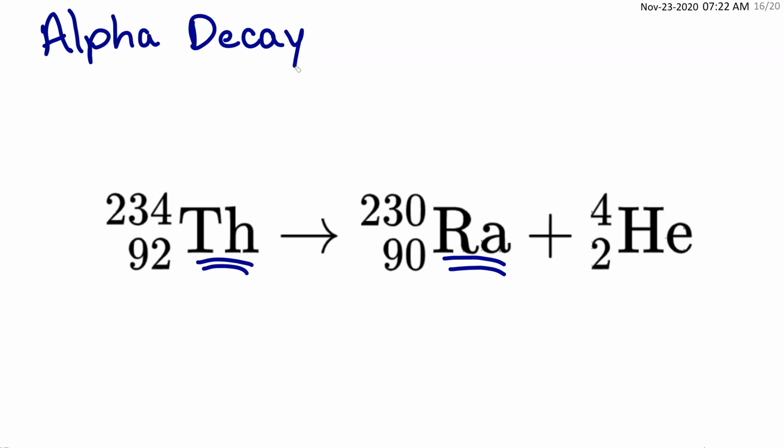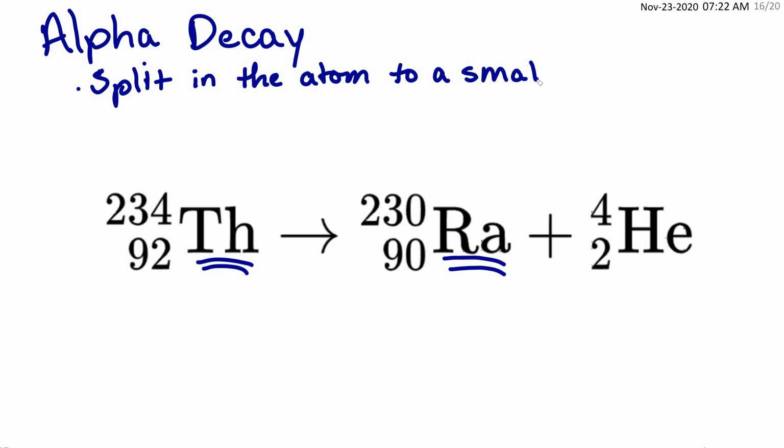What alpha decay is, is a split in the atom into a smaller atom and what is called an alpha particle.